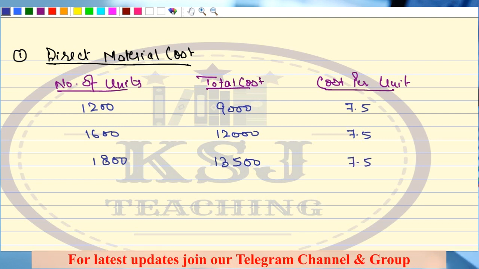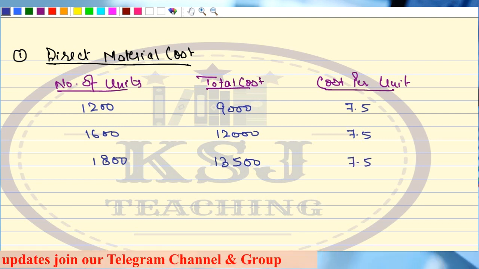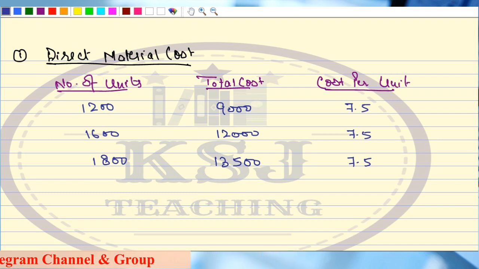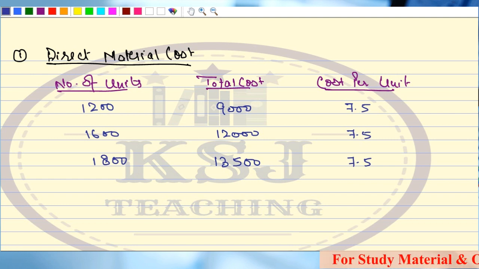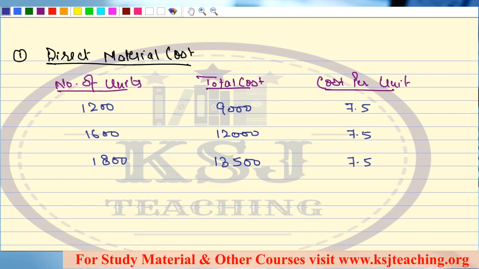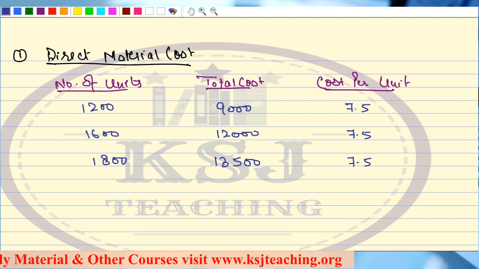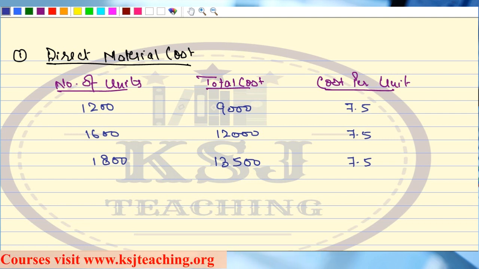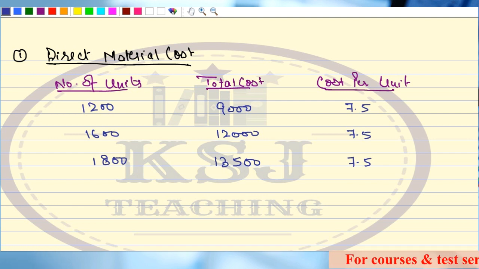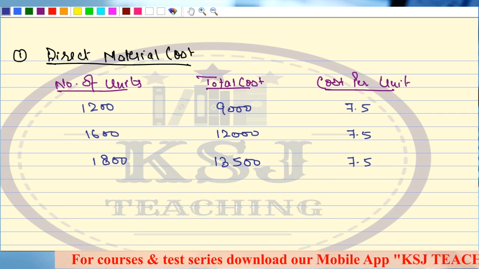Now can you see that as my cost goes on increasing, my number of units also increase? Or I can say, as my number of units increase, my cost increases proportionately, so that my cost per unit remains constant. When I am increasing my capacity of producing more units, my total cost will increase proportionately, so that my cost per unit will remain the same.